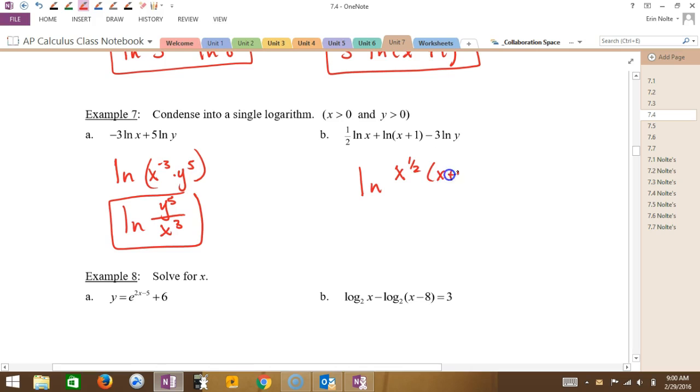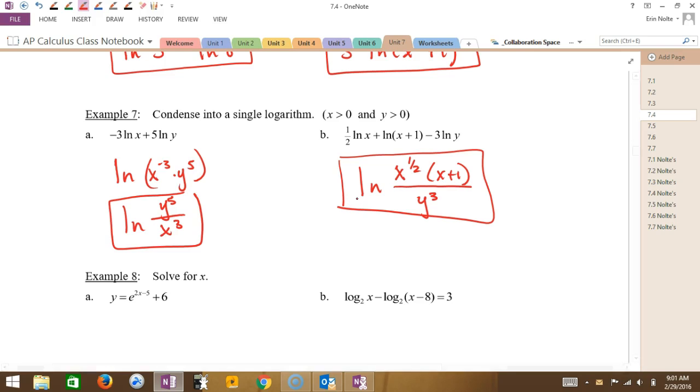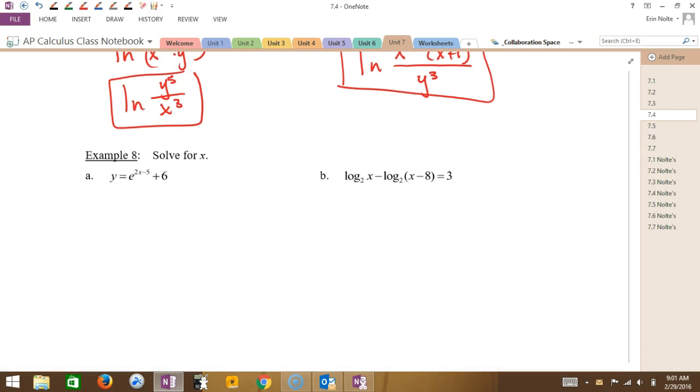Okay. And what about the y? Bottom. So minus goes in the bottom, so y cubed. Since there's a 3 in front. Everybody okay with that one? That one's pretty complicated, although kind of simple at the same time. Okay. All right, so the end of this is just solving.